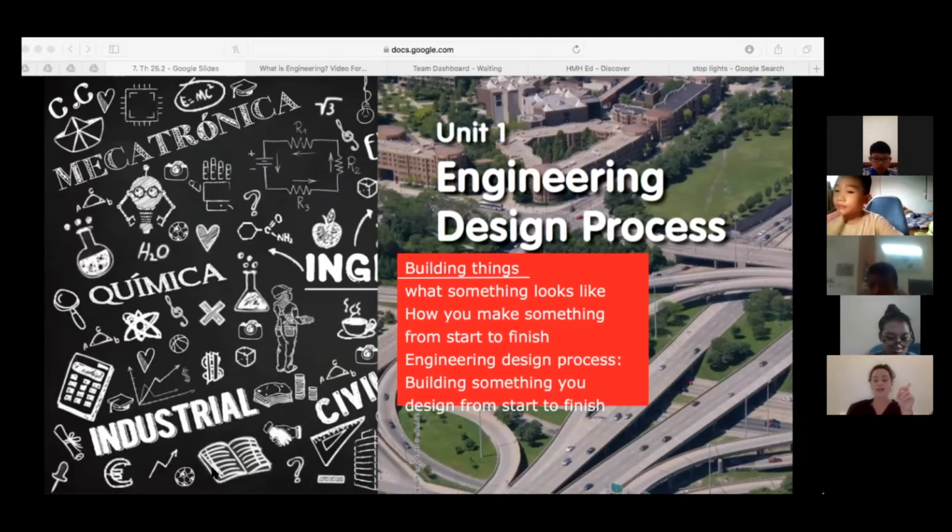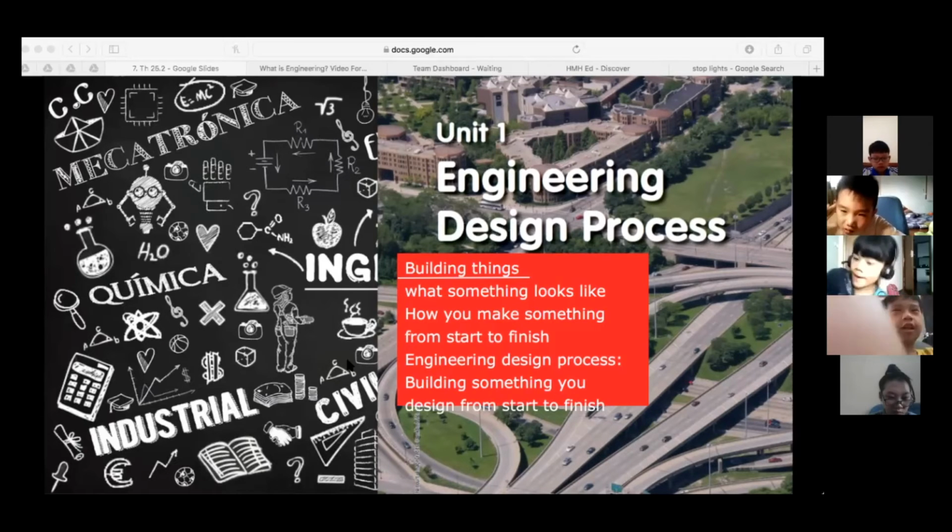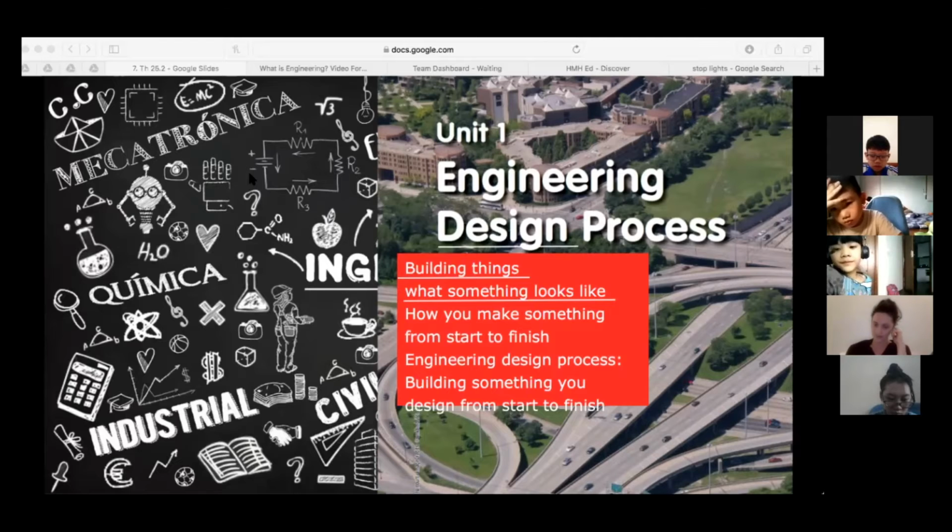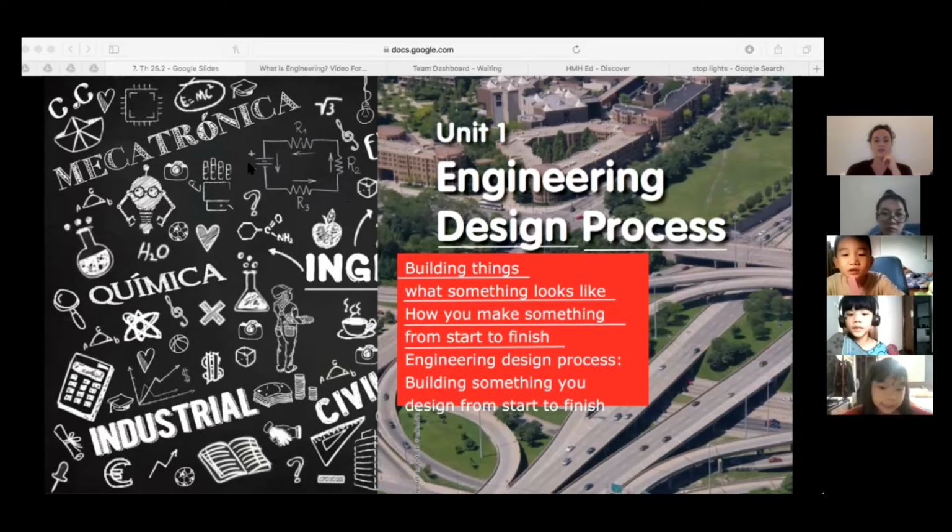Question, one minute at the end. Now I want you to say design, what something looks like. Go ahead. Design, what something looks like. Now I want you to say process, how. Process.